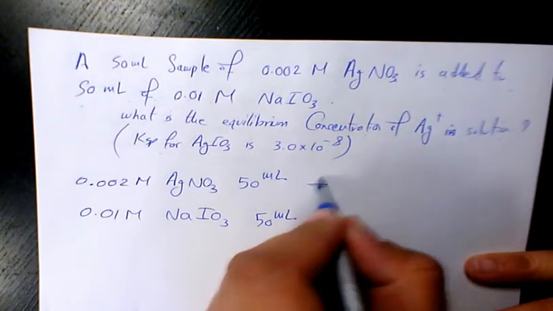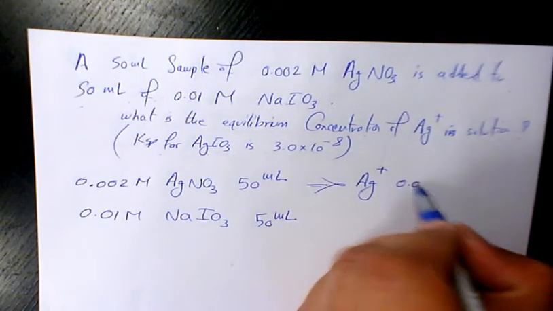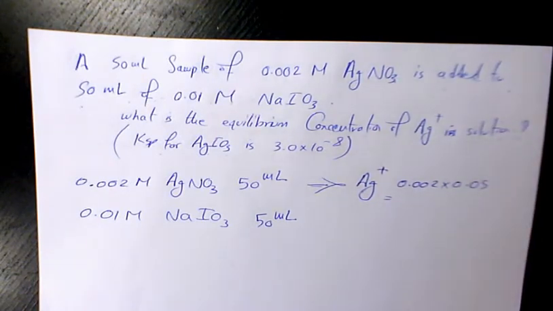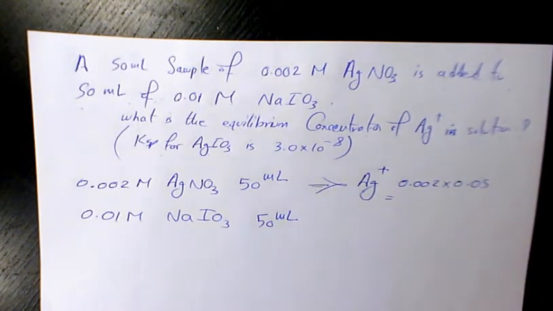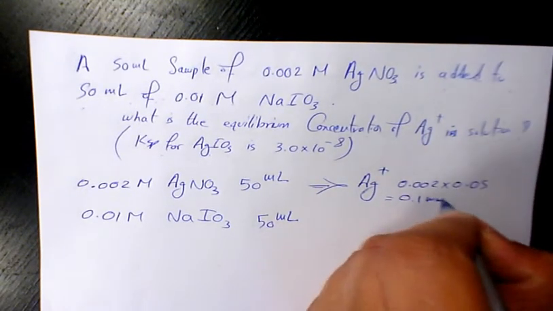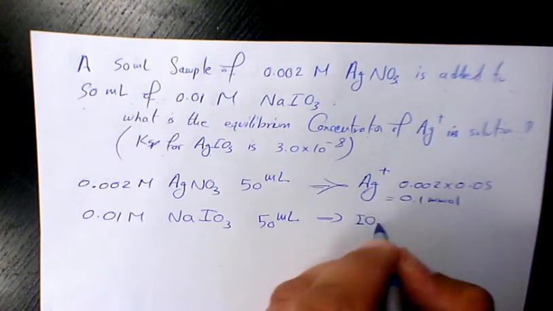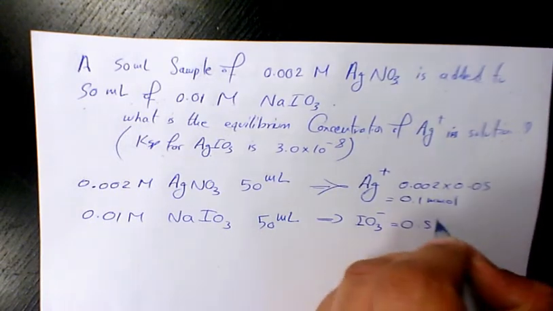So if you want to find out the number of moles of Ag, it's going to be 0.002 times 0.05 times 1000, that's going to make it 0.1 millimole. Now I want to find out the number of moles of iodate. That's going to be 0.01 times 0.05 times 1000, which is 0.5 millimole.